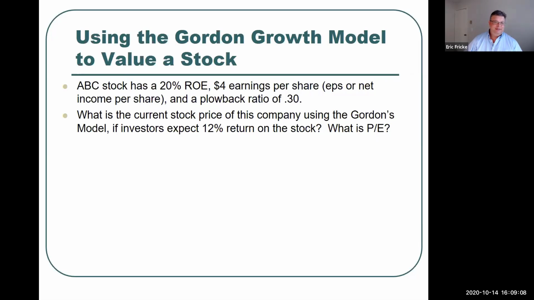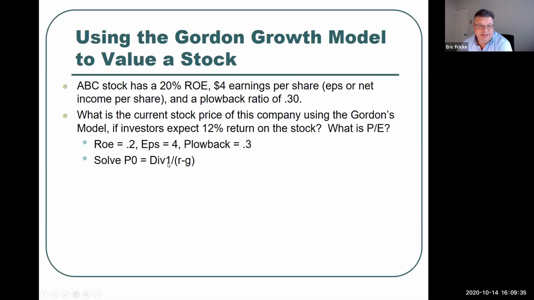Let's think about this. What's the equation that we have to solve for? Gordon growth model, right? It kind of says it right in there. ROE, and so this is the information that we have in the problem. And then this is what we have to solve for. So let's take this step by step. We'll do this kind of together.